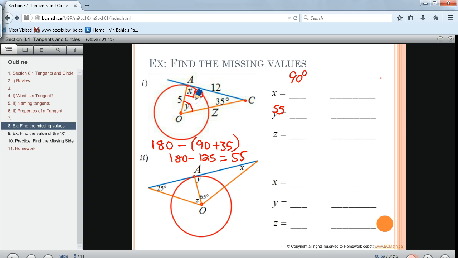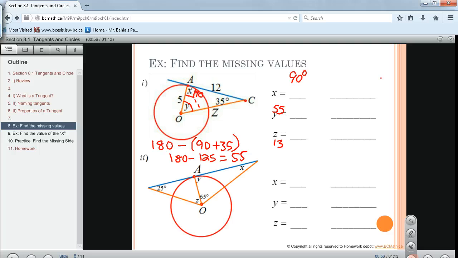The boxy thing is pointing to here, so that's the C side. A squared plus B squared equals C squared. Trust me, when you do all the work, or if you remember the Pythagorean triplets, the 5, 12, this is going to be 13. Now if you don't know how I got that, just do A squared plus B squared. You'll get C squared, and you get the C to be 13.